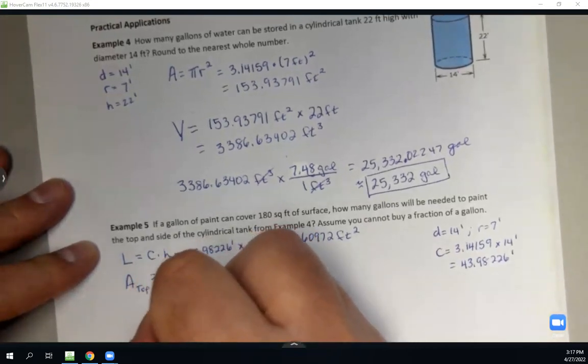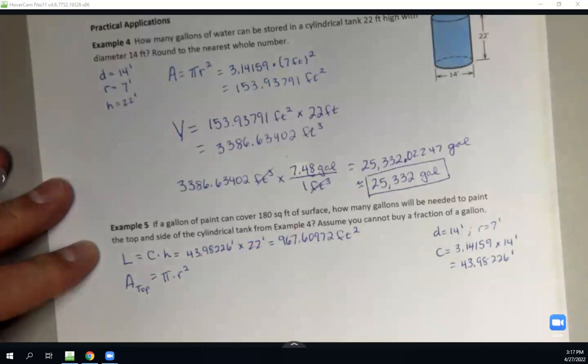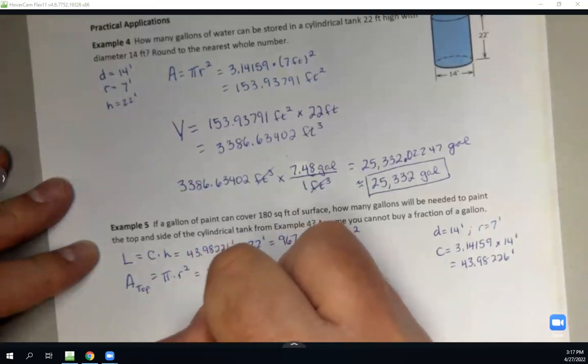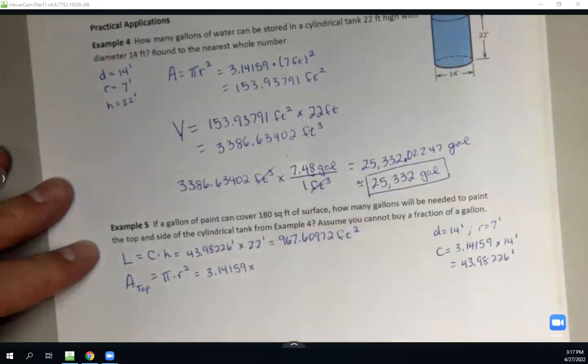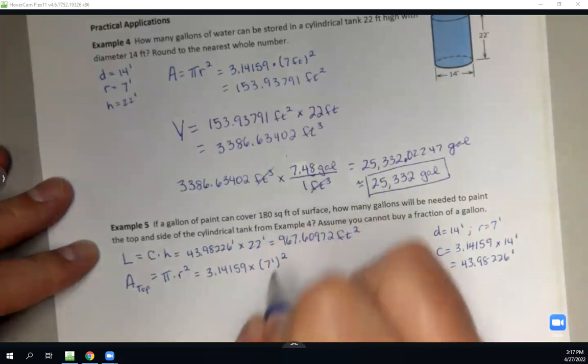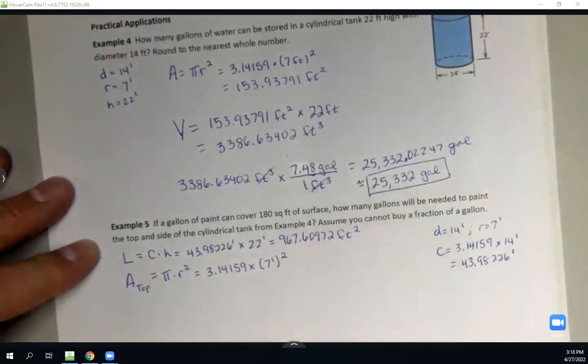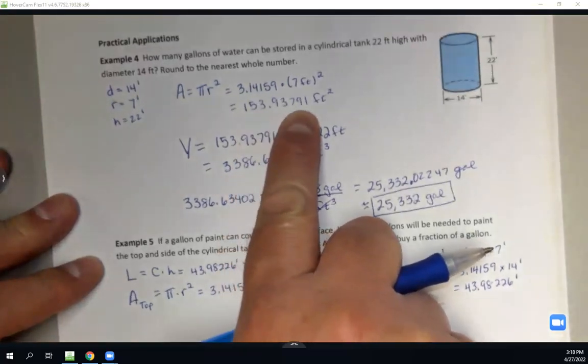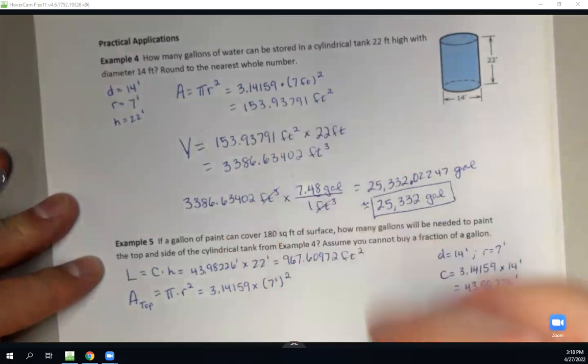So pi times the radius squared. 3.14159 times 7 feet squared. Actually, we did that up here. That's 153.93791.